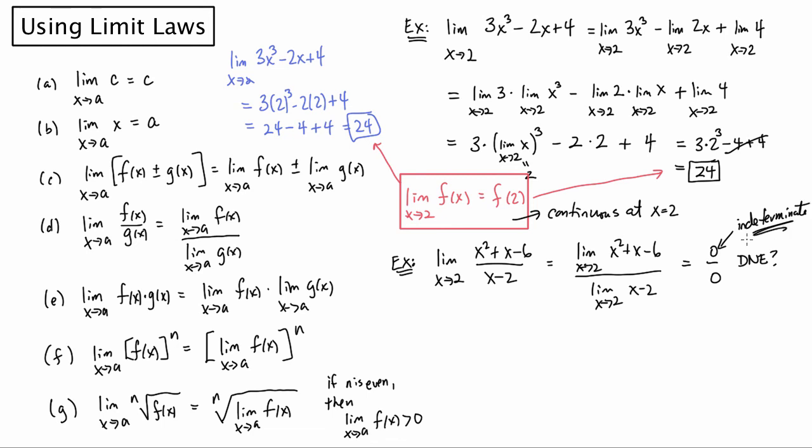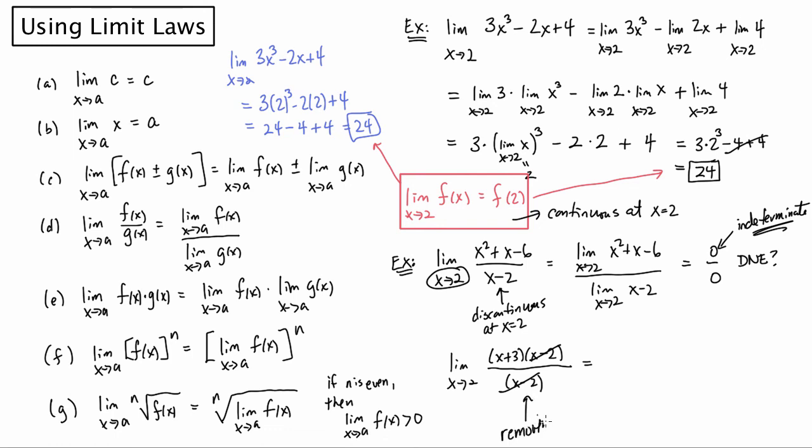So we went wrong here because we tried to plug in 2 when the bottom is discontinuous at the value x equal to 2. So instead what I have to do here is, if I look at it real quickly, what's going on is the numerator, x squared plus x minus 6, actually factors into x plus 3 times x minus 2, and the bottom is x minus 2, and therefore algebraically I can cancel the x minus 2, which basically is removing the bad point x equal to 2 from the problem.